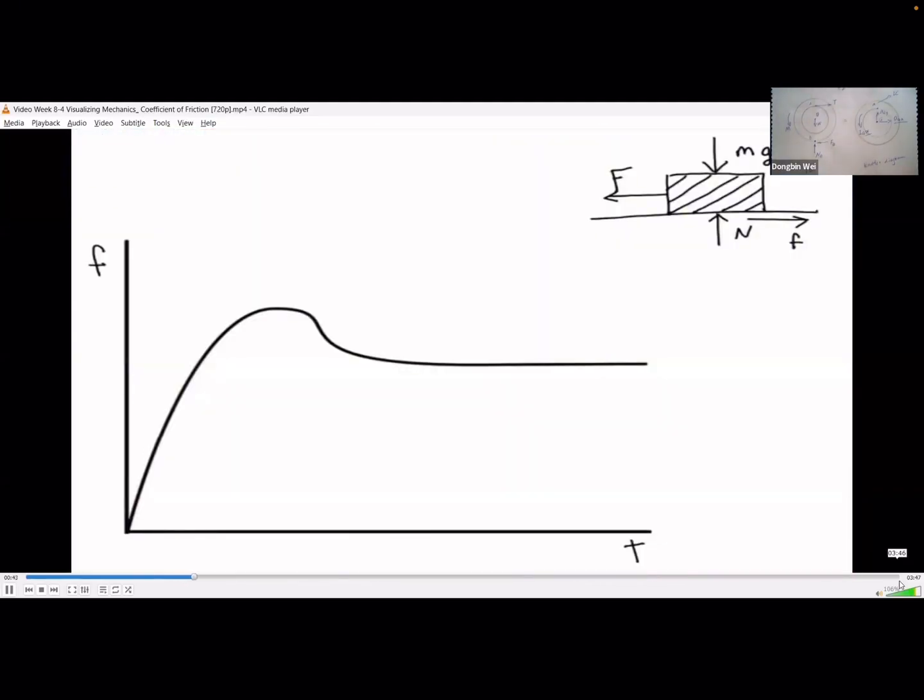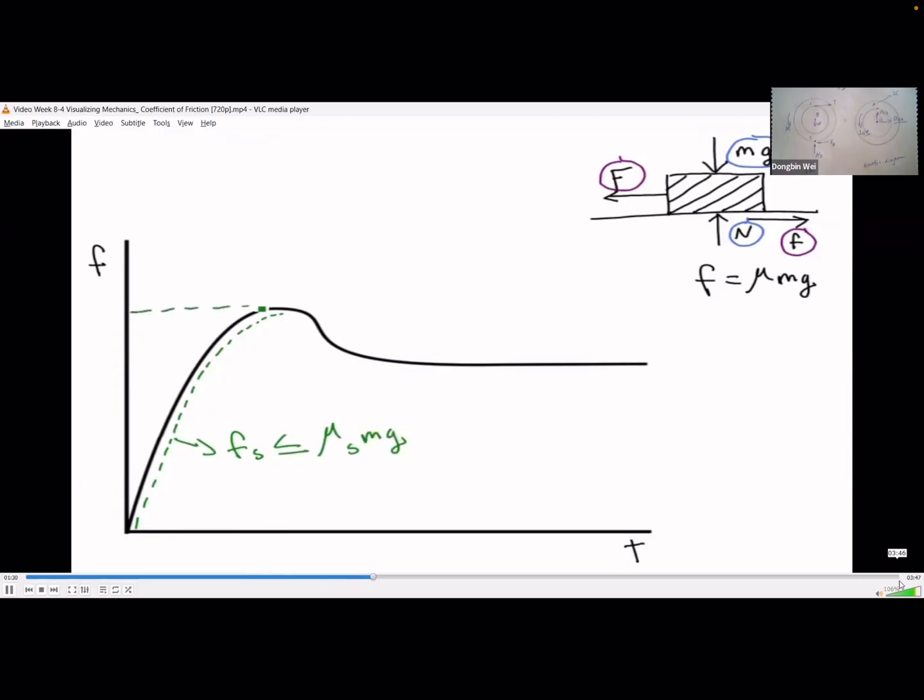So let's look at our free body diagram first. We have our weight acting down on the object, our normal force acting up, our force acting horizontally in one direction, and our friction force acting in the opposite direction. Through Newton's second law, we can derive that our normal is equal to our weight, so our friction force is equal to mu times mg. If we look at the first part of the graph of friction force with respect to time, all the way up to the peak, we have static friction, which is less than or equal to mu s times mg.